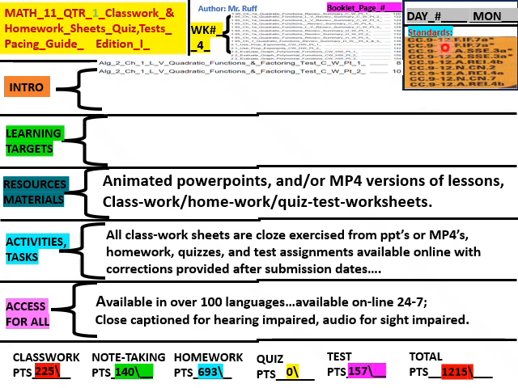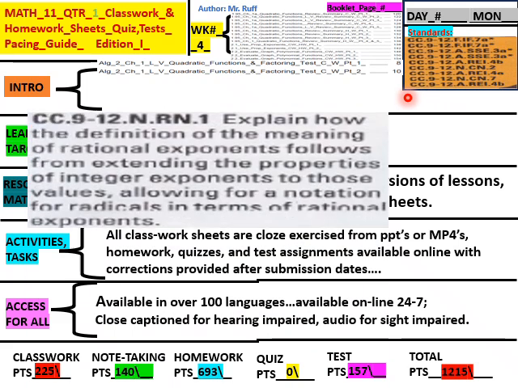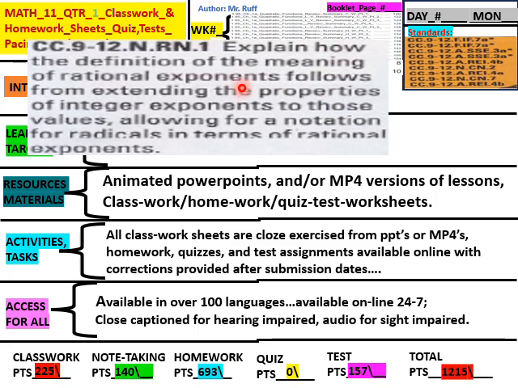Well, here are our standards for Chapter 1. This is what we covered in the last 3 weeks. And then here's a biggie, Rn.1: explain how the definition of the meaning of rational exponents follows from extending the properties of integer exponents to those values, allowing for a notation for radicals in terms of rational exponents.